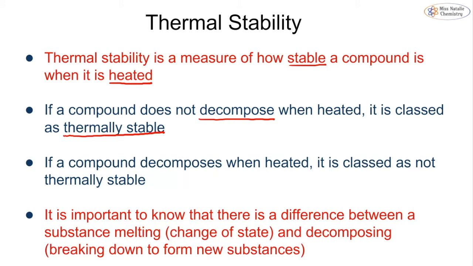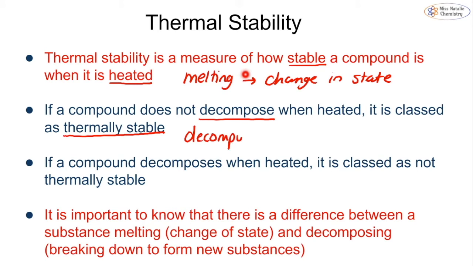Now, please note that there is a difference between decomposing and melting. Melting just means a change in state. So going from solid zinc chloride to molten zinc chloride would be a change in state. If it decomposes, that means a chemical breakdown.